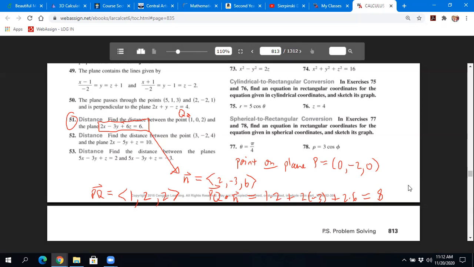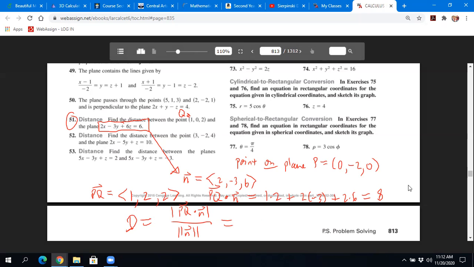So what's the distance going to be? Well, it's going to be the absolute value of PQ dotted with N divided by the length of the vector N. Yeah, that was the formula we came up with when we thought about projections.